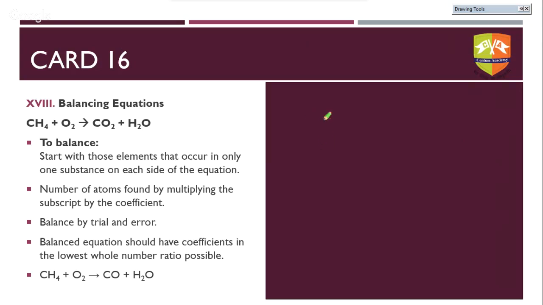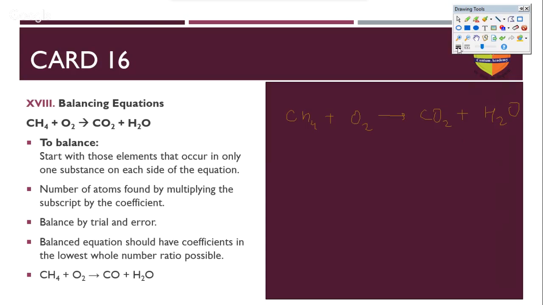So for example, let's look at carbon first: CH4 plus O2 giving CO2 plus H2O. You'll realize that the carbon seems to have been balanced. But you can begin with any of those. You can either begin with oxygen or with hydrogen.